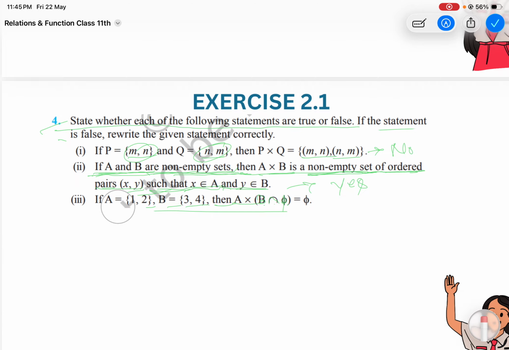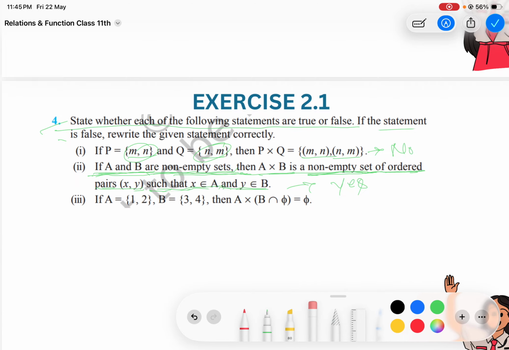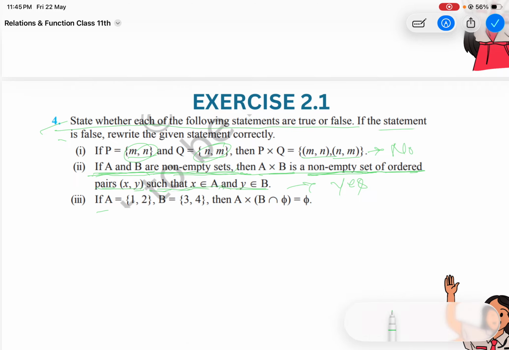Now question number 3. If A equal to {1, 2} and B equal to {3, 4}, then A into (B intersection nothing) equals nothing. So first of all we have to see what B intersection nothing is.